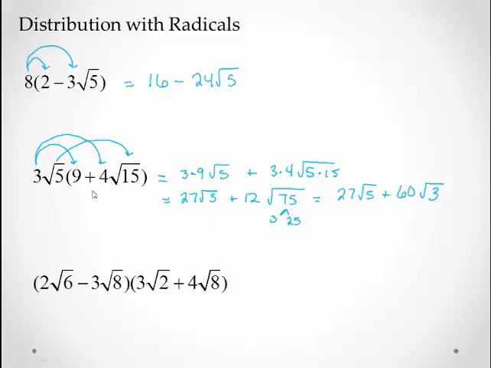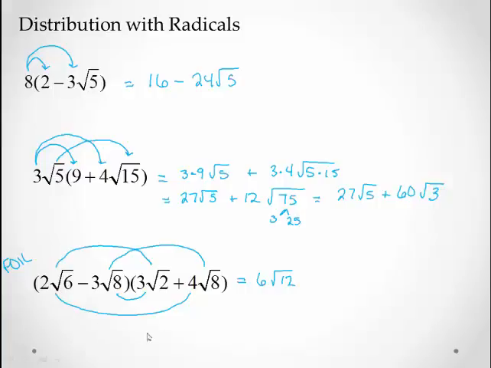And then sometimes I will have to FOIL. Remember FOIL? First, outside, inside, and last. So I'm going to do 2 radical 6 times 3 radical 2, which will give me 6 radical 12.